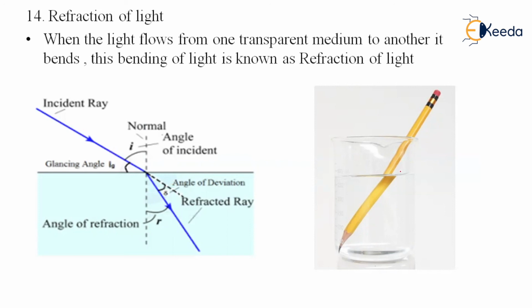So due to refraction, what happens? We can see that this pencil appears broken, but in reality it is not so. Why? Because the density of the air and the density of the glass is different from the density of the water. Due to this, we have the refraction of light.